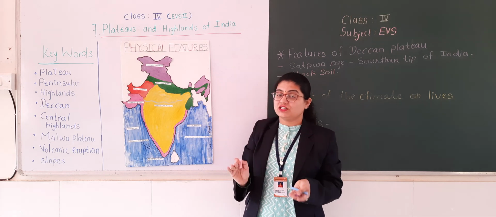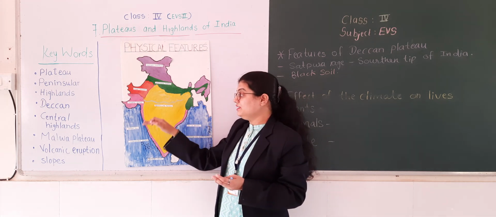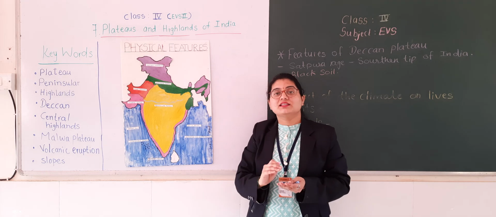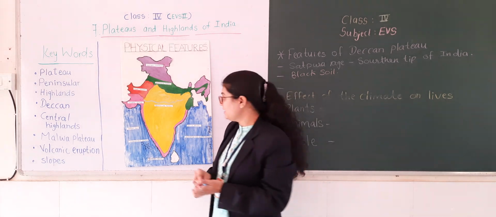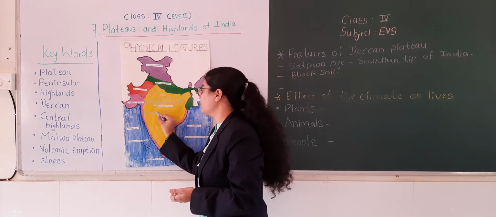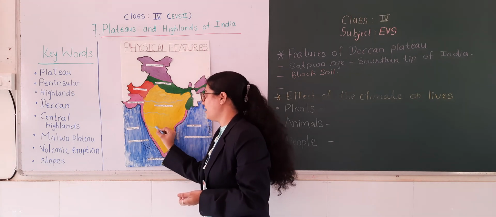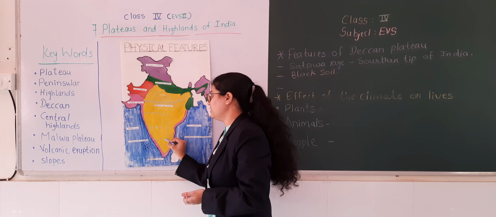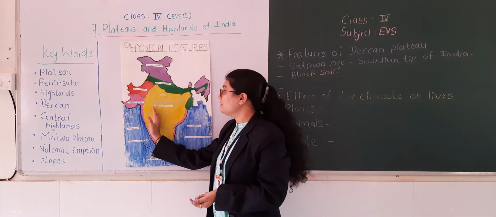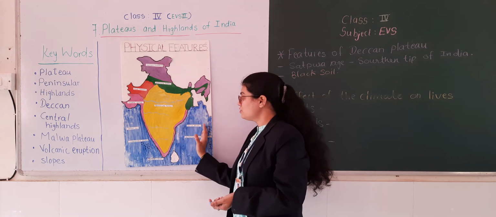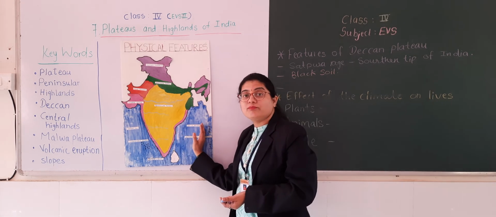There are different rivers which flow, but Godavari, Krishna and Kaveri are the main rivers which flow through this region. Alright, here we have the Godavari river, here we have the Krishna and here we have the Kaveri. All these rivers flow towards the Bay of Bengal.